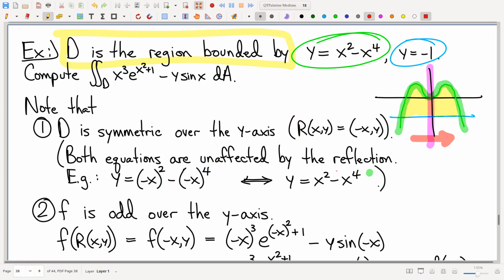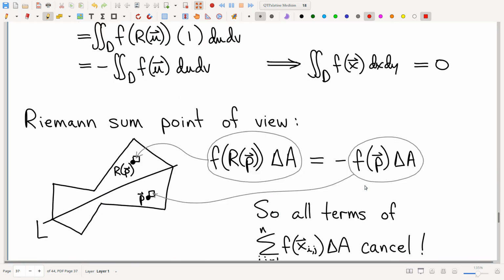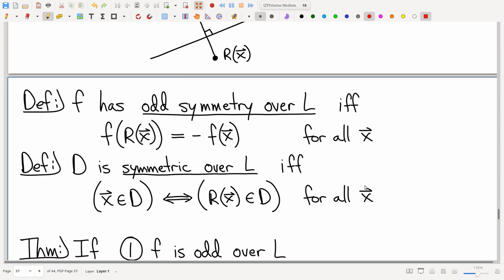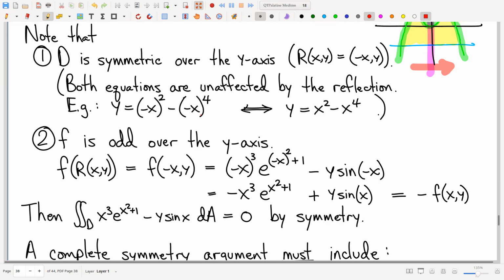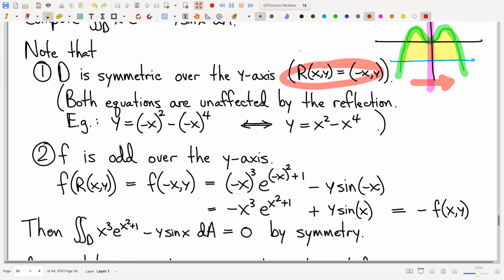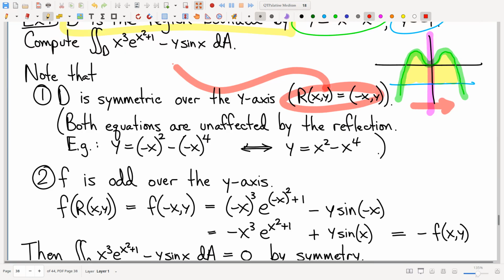Now I am going to claim that my integrand is odd. Reminder, odd means that when you put the reflection into the function, you get a minus sign out of the function. So let's check and see what happens. Let's actually do it. I'm going to take this reflection and plug it in to this function.